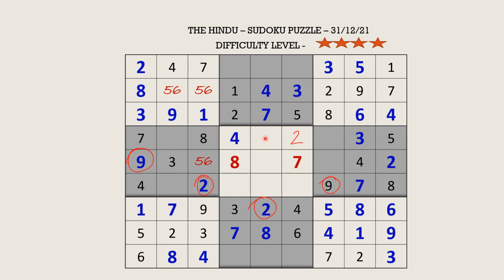So this cell takes 9. There is a 3 here, a 3 here, and a 3 here. This 3 blocks here, this 3 blocks here, and this 3 blocks here. So this cell takes 3.